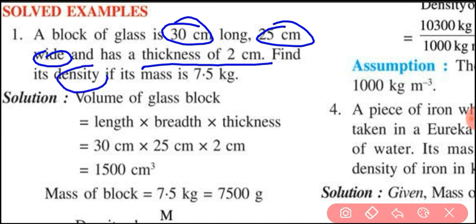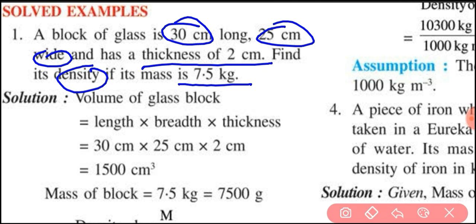Find the density if its mass is 7.5 gram. Okay, students, in this question, length is given, width is given, and thickness is given, and also mass is given. So what we have to find out? The density.